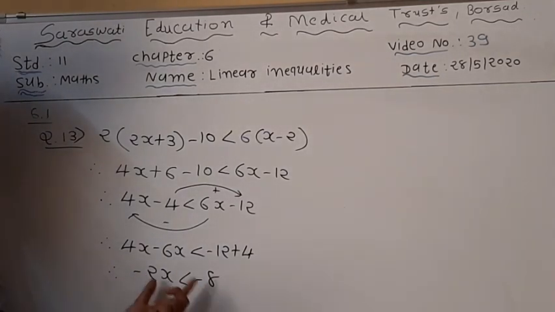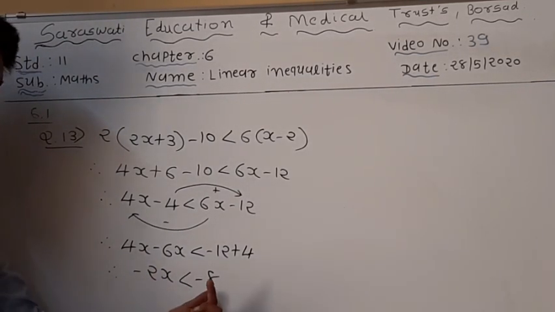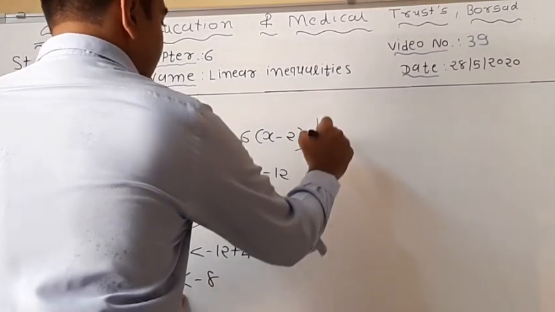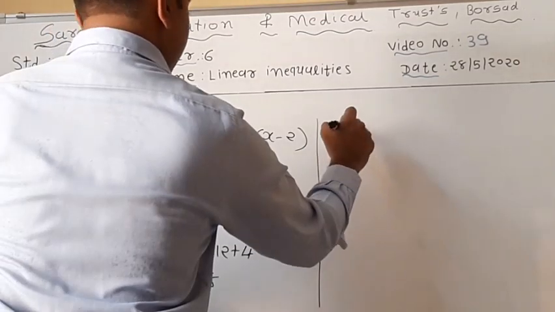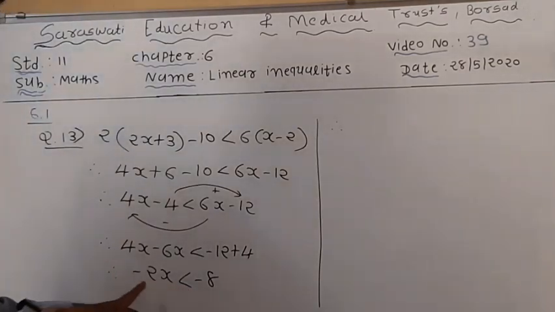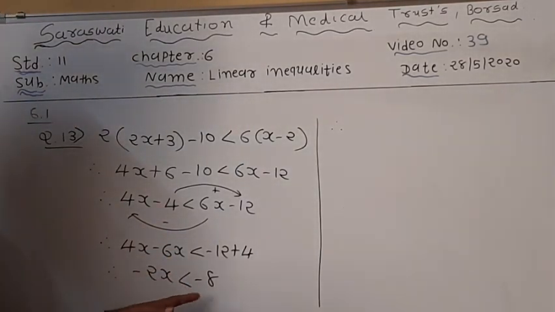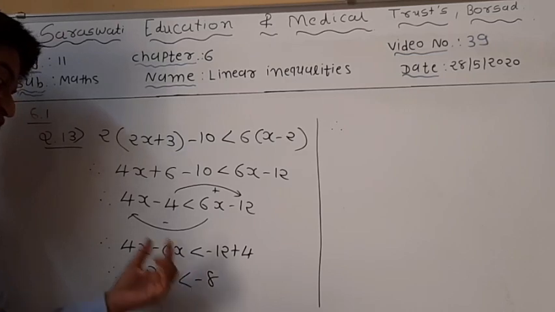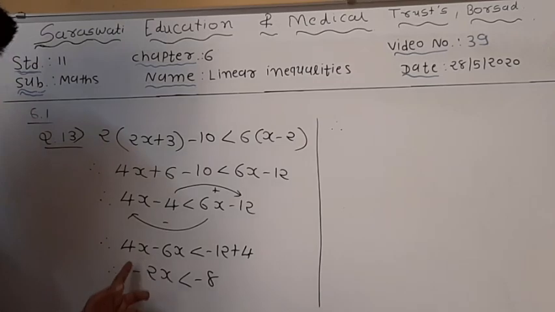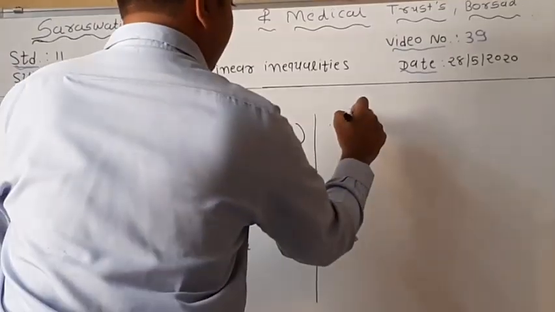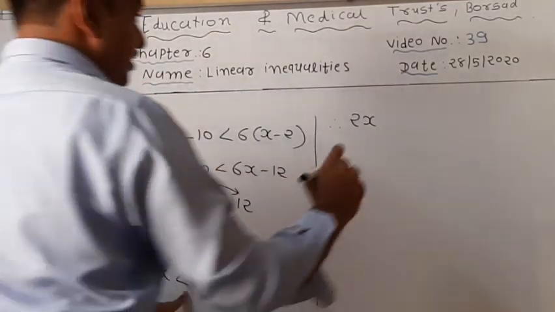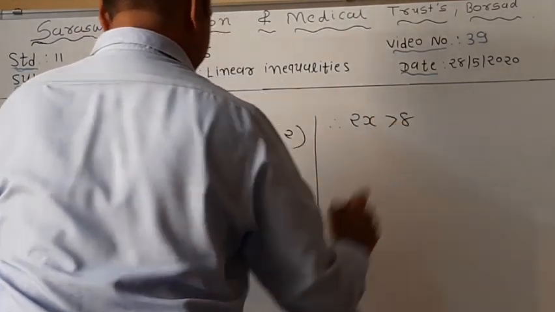Remember, multiply both sides by minus and the inequality changes. Greater than becomes less than, and less than becomes greater than. So remove the minus sign and write 2x greater than 8.